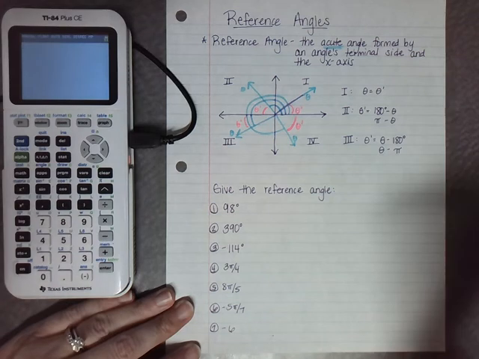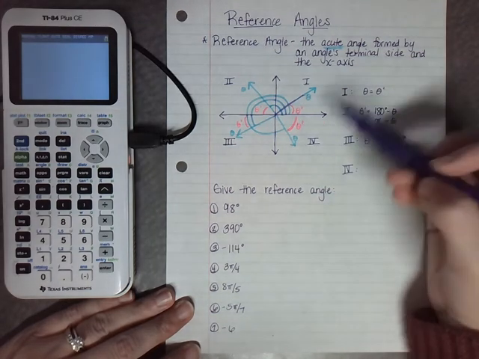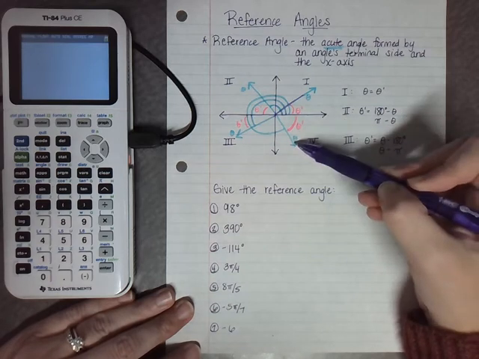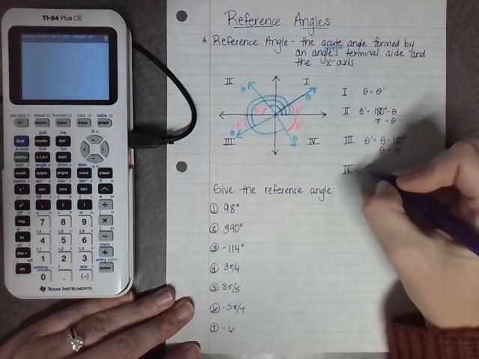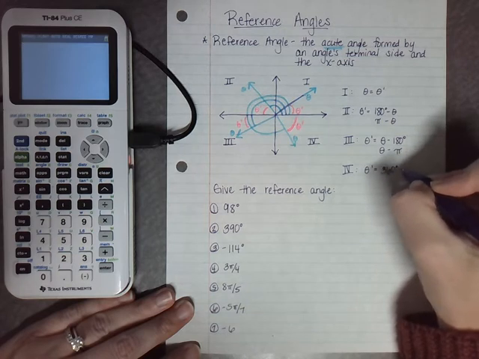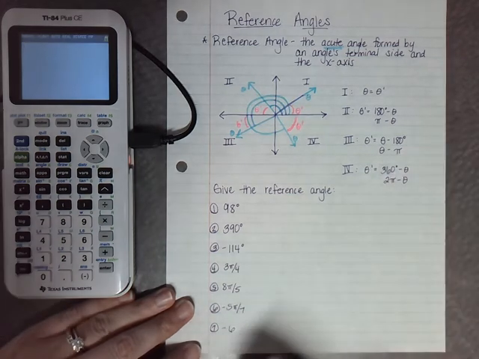All right, so to find that, since the closest side of our x-axis is over here now, we're going to use either 360 degrees or 2 pi, and we're going to subtract the angle we were given, theta, and that'll give us this difference right here. So to get theta prime, we're going to do 360 minus theta, or 2 pi minus theta.